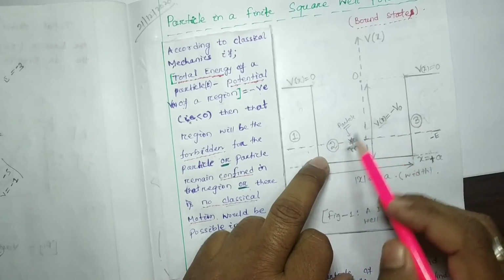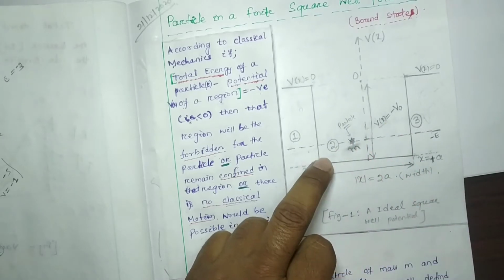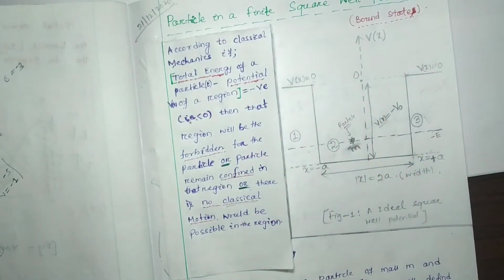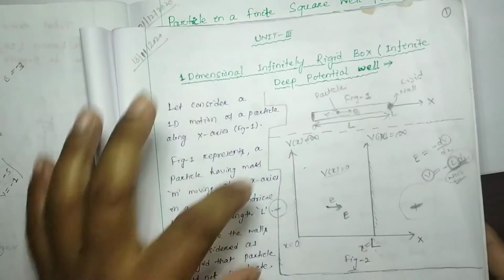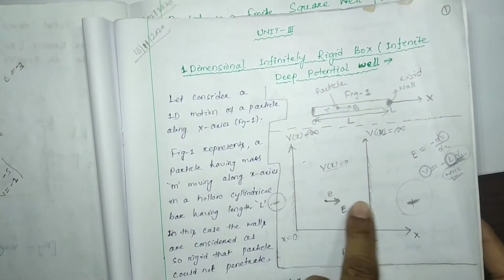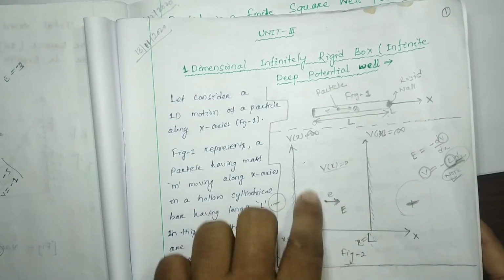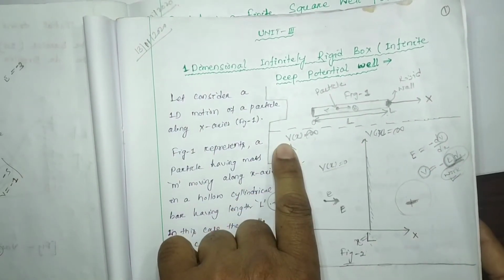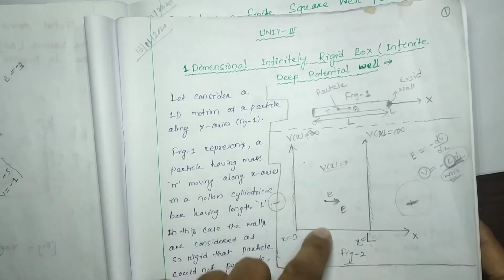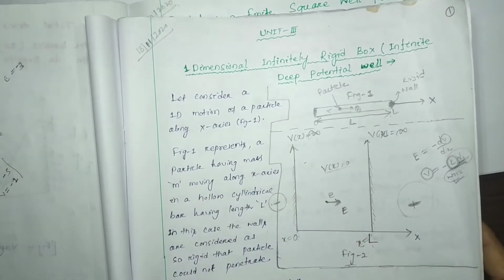We already got this type of result when we discussed the infinite potential well. Remember, in a one-dimensional infinite potential well, V(x) is 0 inside, and beyond that it is infinite, and the energy takes discrete values.